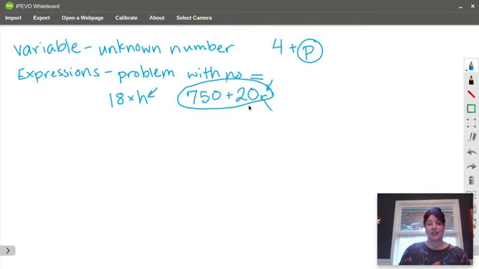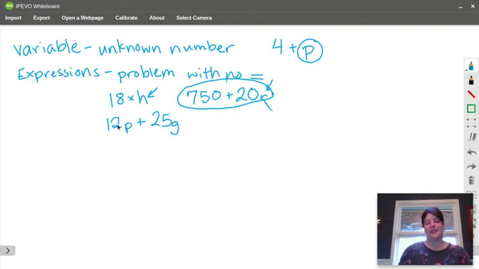Maybe another example is, let's say you paint houses for a living and you are calculating your cost for a job, and you say, okay, paintbrushes cost $12, 12 times however many paintbrushes I buy, and gallons of paint, we'll say, since we don't want to use P twice. So let's say paint is $25 per gallon.